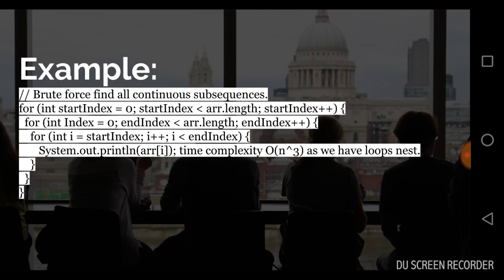Here is an example, and there are many snippets of a brute force technique. In this specific example, we are taking all the continuous subsequences of an array. So we have a for loop inside a for loop inside a for loop. This is nested, and this is O(n^3). And we're just printing everything from start index to end index while we move the start index and the end index forward, so we get all the subsequences.